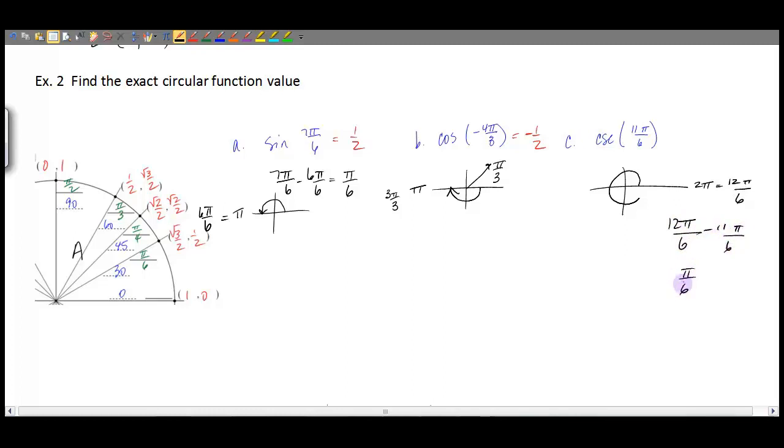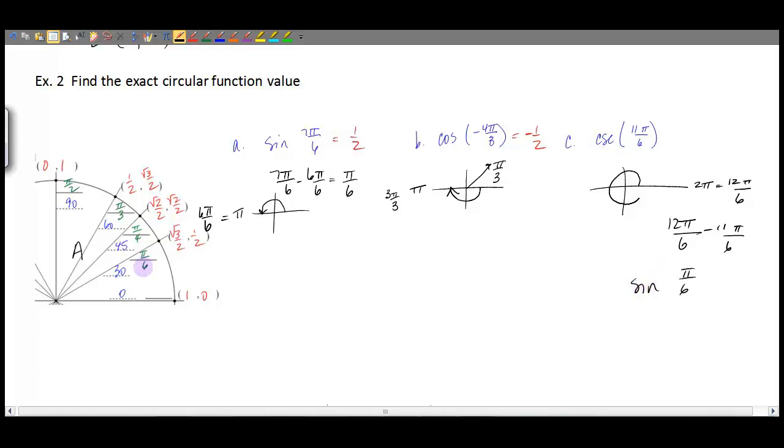So using the reference angle of pi over 6, and the fact that I'm looking for cosecant, we're doing double work here. The reciprocal function value for cosecant would be sine. So I want to know, what is the sine of pi over 6?